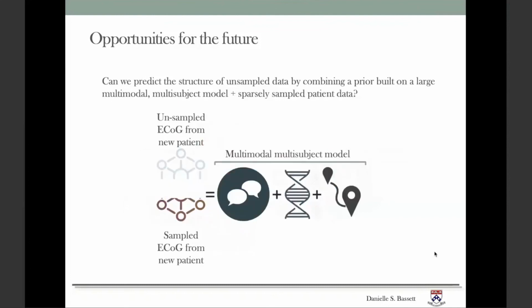And then lastly, and this is the one that I think has very important relevance to neurologists and neurosurgeons studying medically refractory epilepsy, is the question of whether we can use this multimodal, multi-subject model that we are building from a large cohort of individuals that have previously been imaged to understand and predict unsampled electrocorticography data from a new patient.